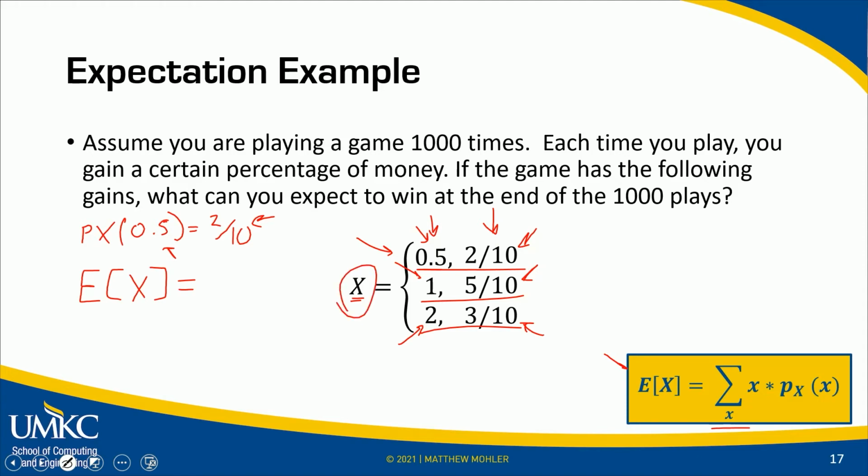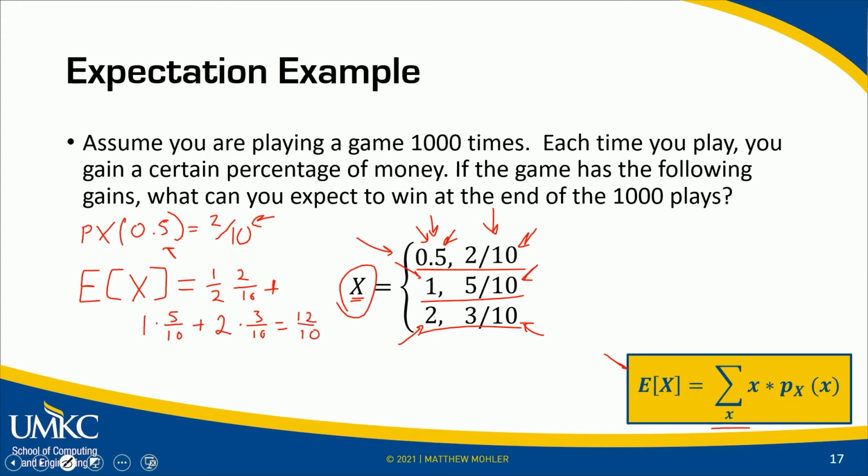So in this case, it's going to be equal to 1/2, and we'll just say that's 0.5, multiplied by 2/10, plus 1 multiplied by 5/10, plus 2 multiplied by 3/10.